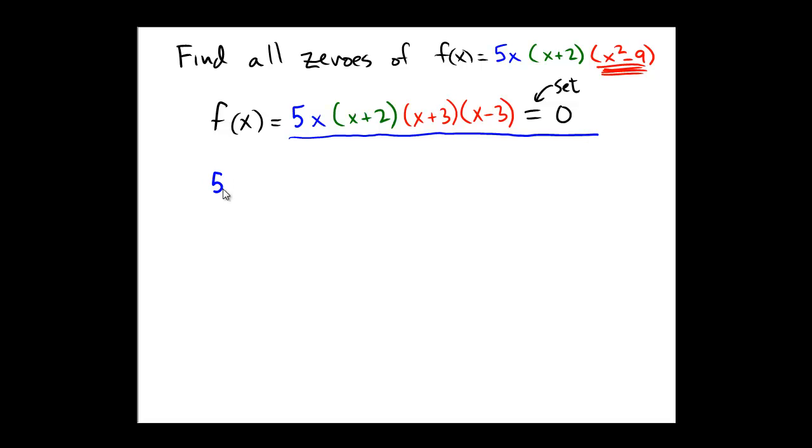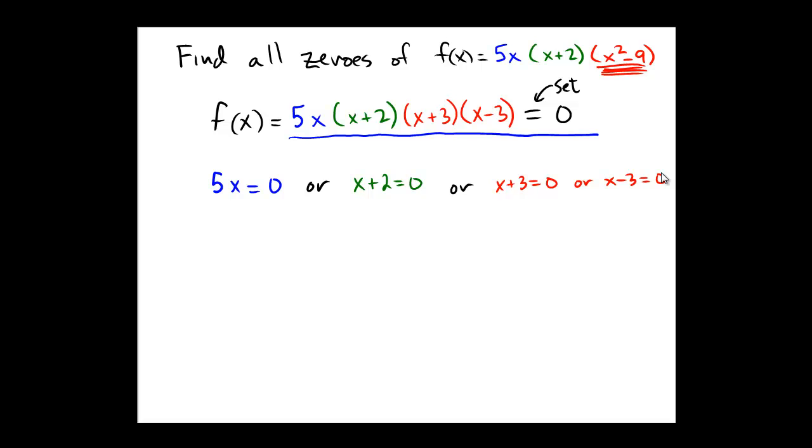So that would mean that either 5x would be equal to 0, or possibly x plus 2 would have to be equal to 0, or possibly x plus 3 equals 0, or x minus 3 equals 0.